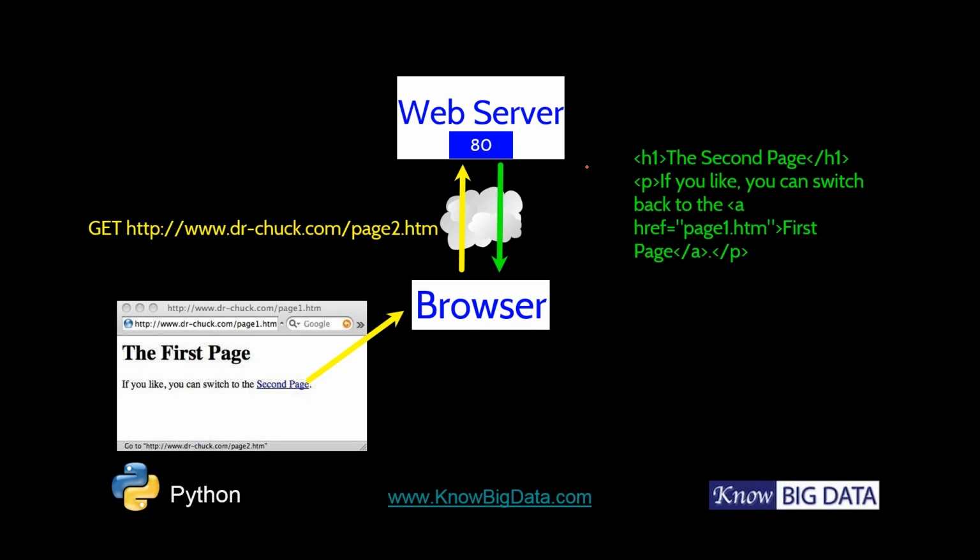The web server gives back the HTML, because the web browser has requested page2.htm. So the server is going to send the result as HTML.